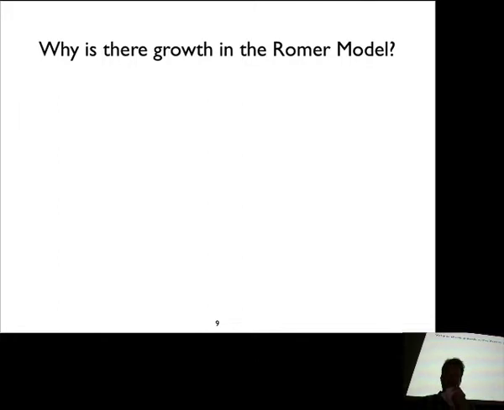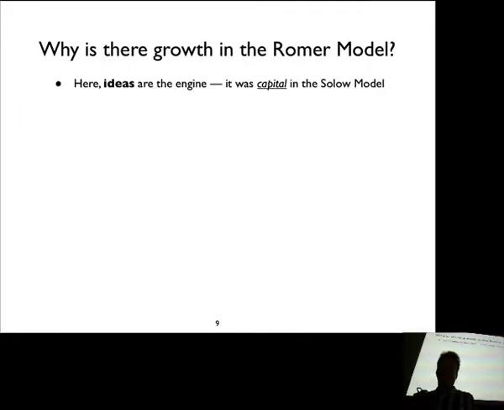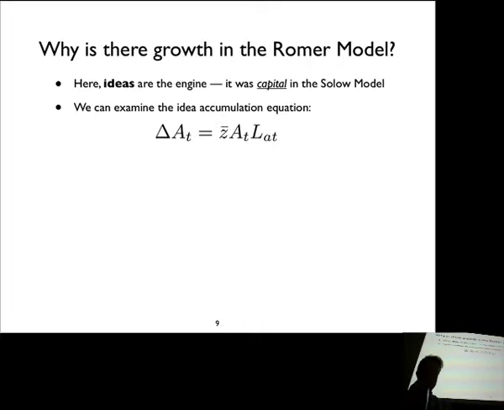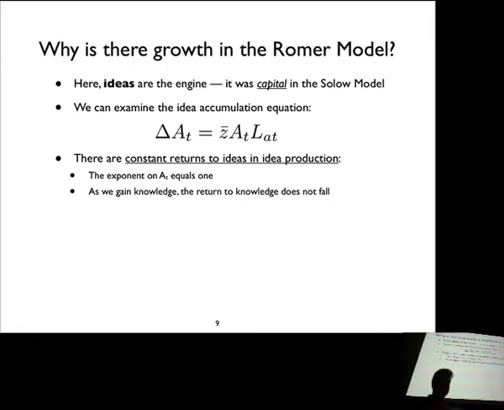So why is there growth? Ideas are the engine of growth here, and it was capital in the Solow model, and we saw this last time. The idea accumulation equation shows constant returns to ideas in idea production, which is rather remarkable. The exponent here on the level of ideas is equal to 1, and that's very different from this story.